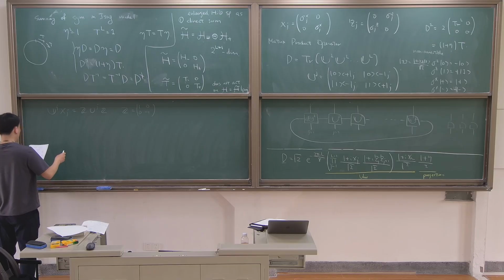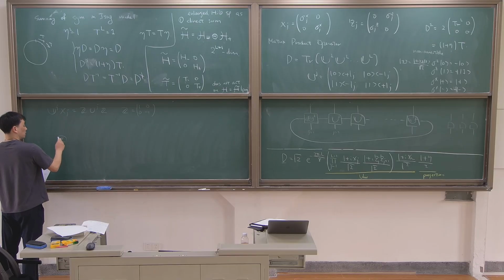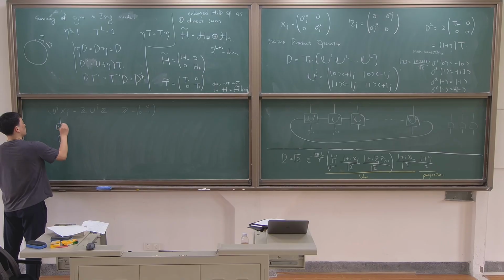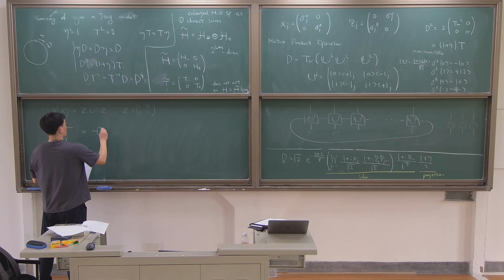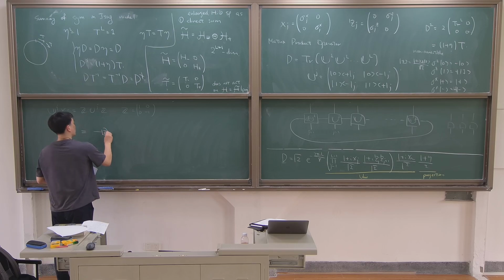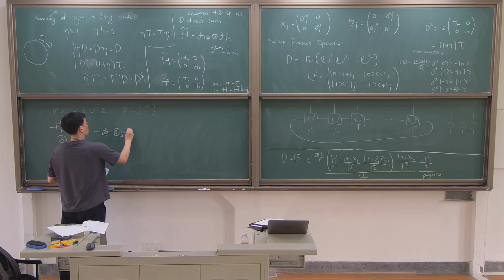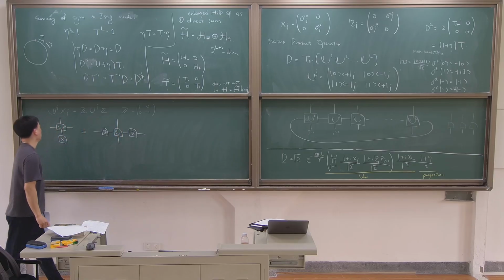So this can be understood as the following. This X acting on U1 is equal to Z U Z. I call it Z, just simply Z, like this.